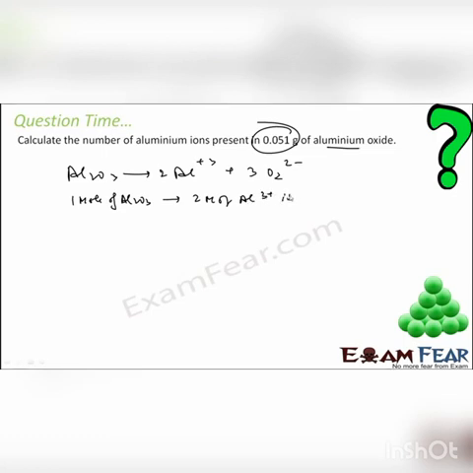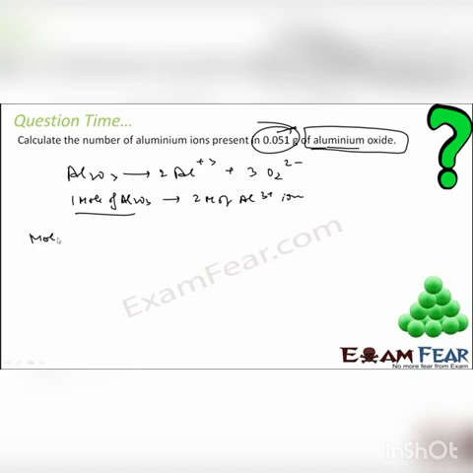Correct. This is something we know from this equation. So we can find the moles of Al2O3 in this gram of aluminum oxide, because here the grams of aluminum oxide is given. We can find the moles of aluminum ions. If we have the moles of aluminum ion, we can easily find the number of aluminum ions.